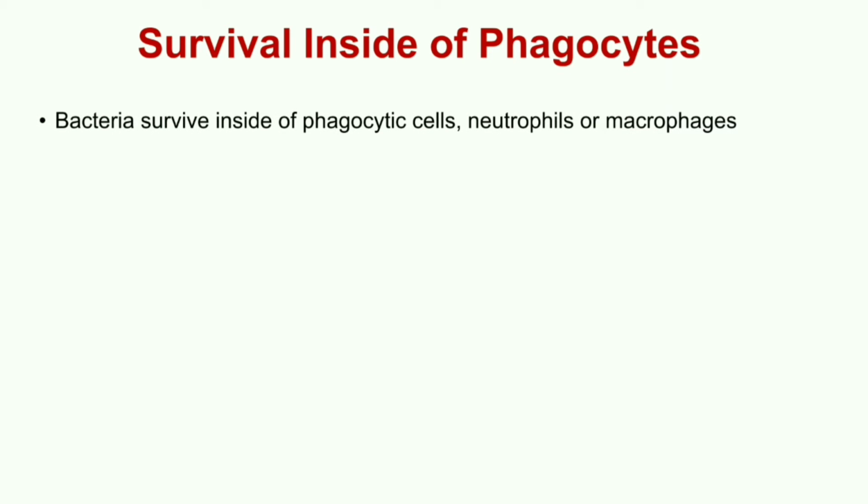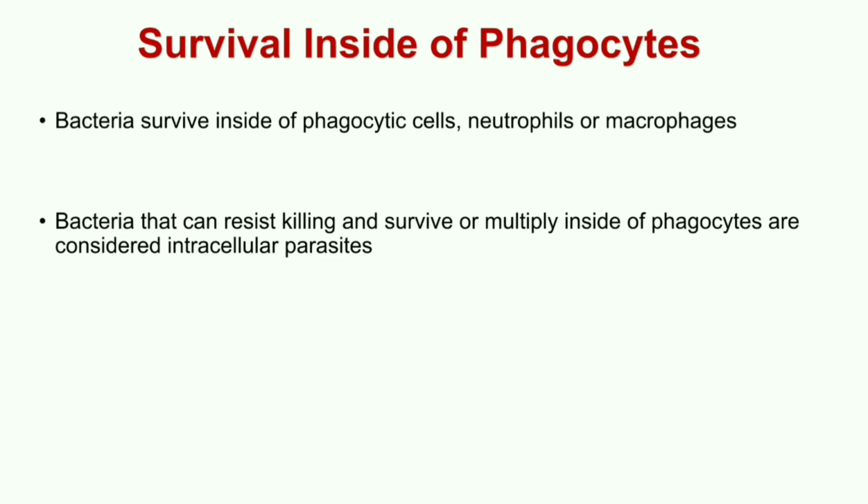Survival inside phagocytes. Some bacteria survive inside the phagocytic cells such as neutrophils or macrophages. Bacteria which have the capability to resist killing or survive and multiply inside the phagocytes are considered intracellular parasites.